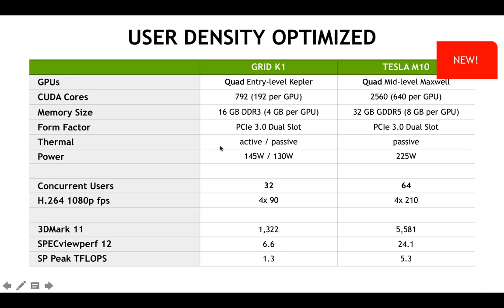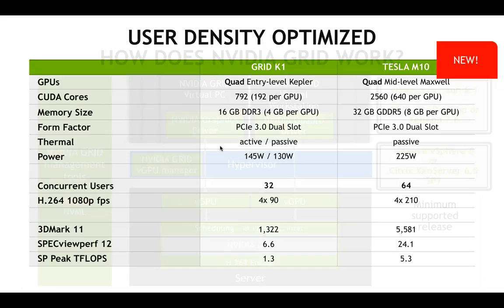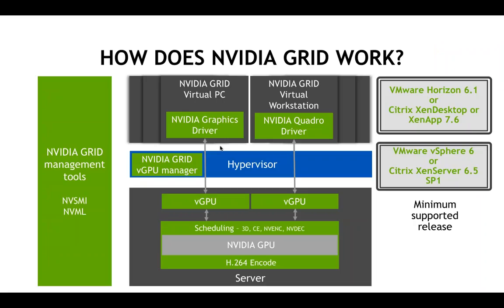Okay, so how does this NVIDIA GRID stuff work? Let's talk about this real quick. It's really broken into a couple of components. What you're going to see from NVIDIA in the months to come, and you're going to see happening now, on the left-hand side of the screen is the NVIDIA GRID Management Tools. You're going to see this portion of our solution increase dramatically.